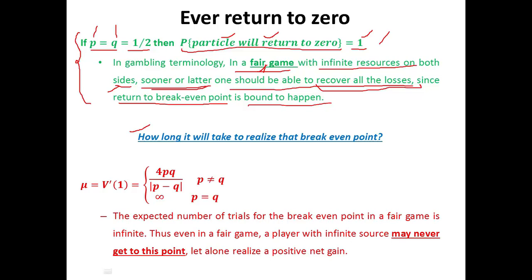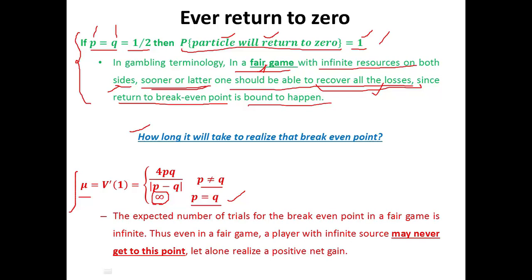That will be calculated by that mu value, that is 4pq by magnitude p minus q for p not equal to q, and infinite for p equals q. What it means is, for a fair game, when p equals q, it will take infinite time to recover all the losses. The player will never recover his loss, let alone realize a positive net gain.